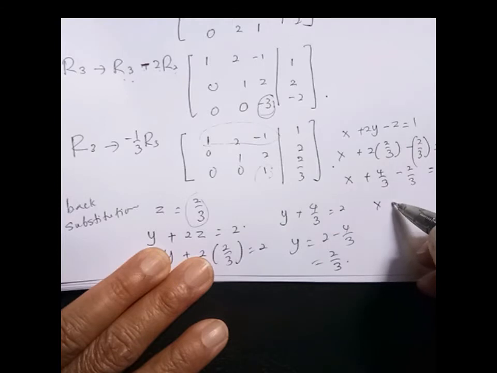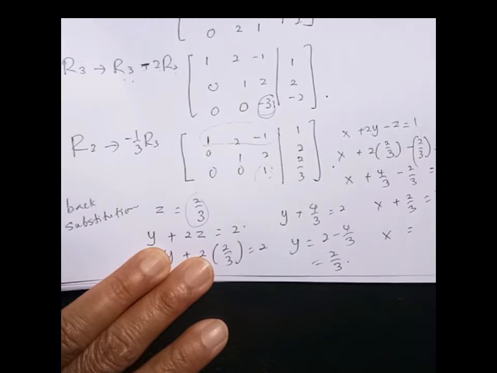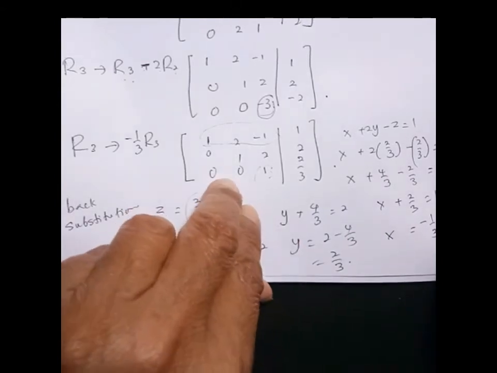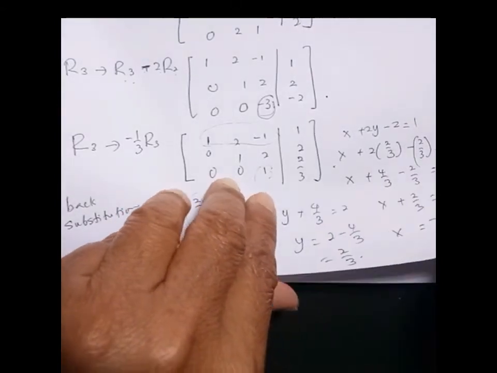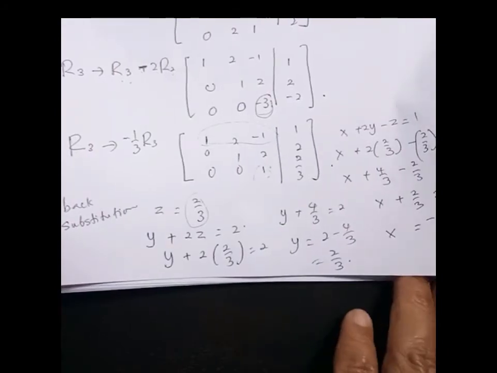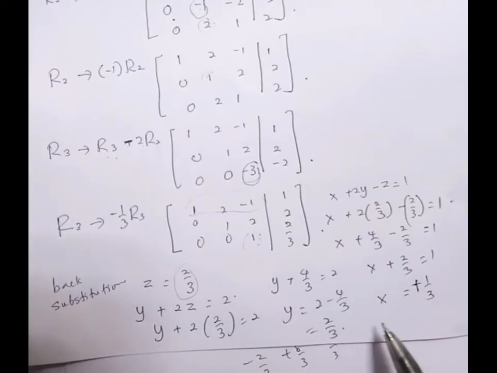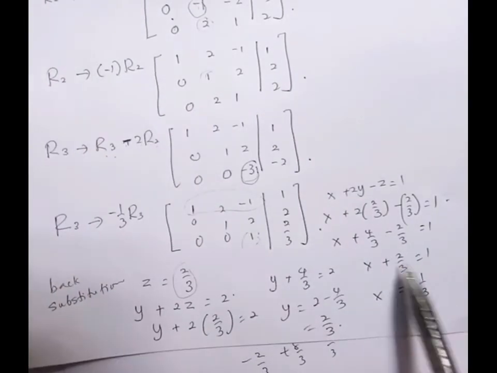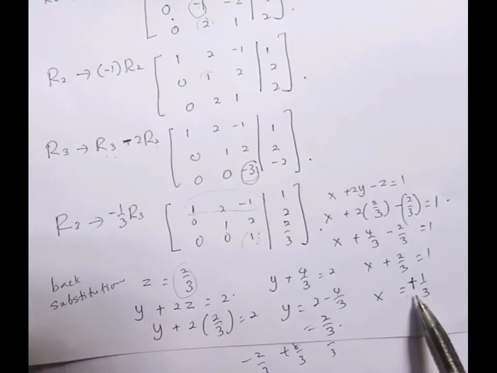X plus 2 over 3 equal 1. X equal 1 minus 2 over 3, so X is 1 over 3.